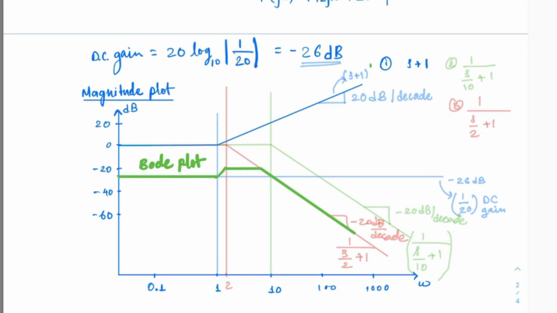That means if you provide a unit magnitude sine wave, you will see the magnitude drop to 1 by 20 at the initial point, and as the frequency increases, this is how the magnitude would behave for a frequency response with unity input or unity magnitude.